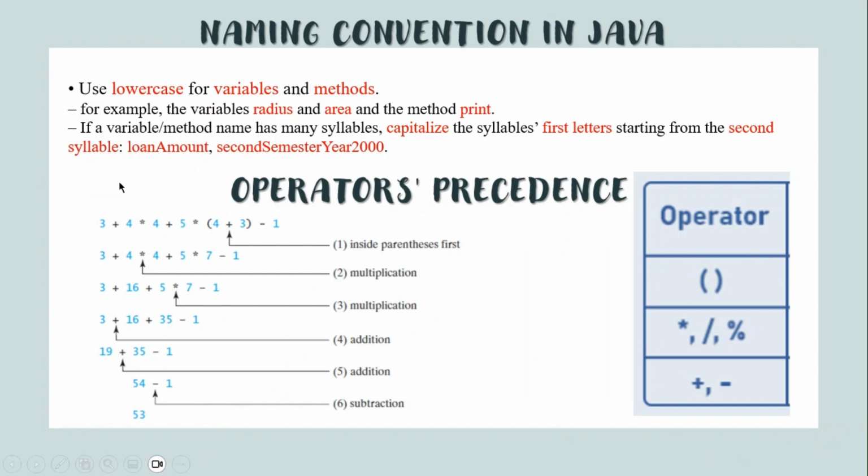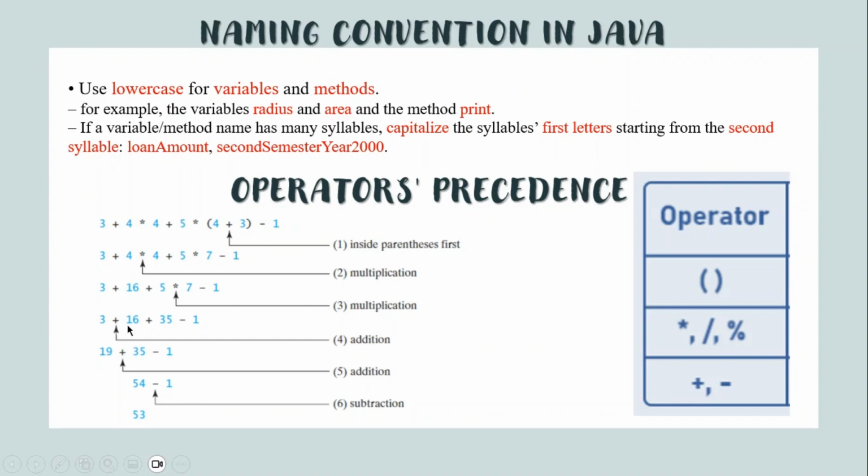Like, for example, this example. First, we did the parentheses, then we did the multiplication because from left to right, this is the first multiplication. Then this is the second. Then the first addition, after we finished all the multiplication or division, it's there.